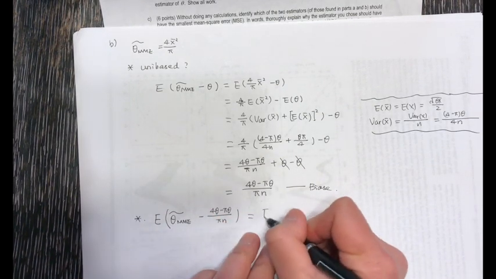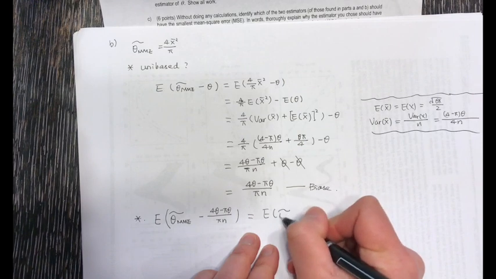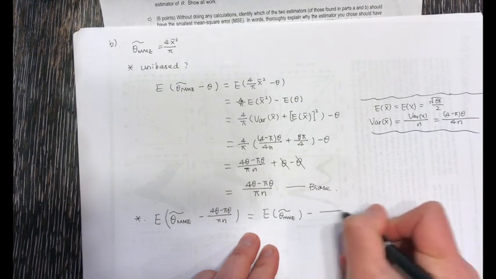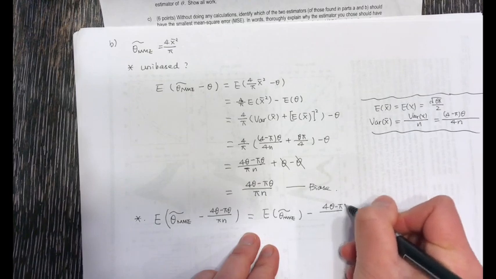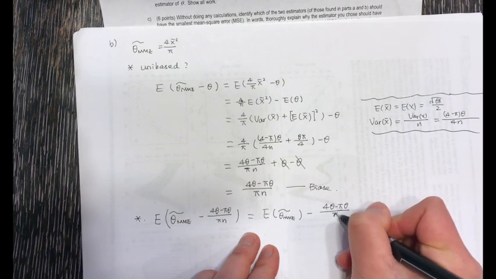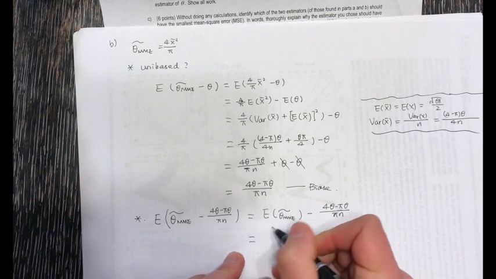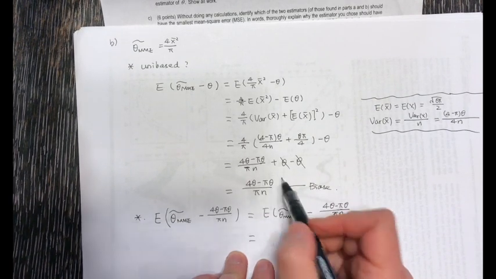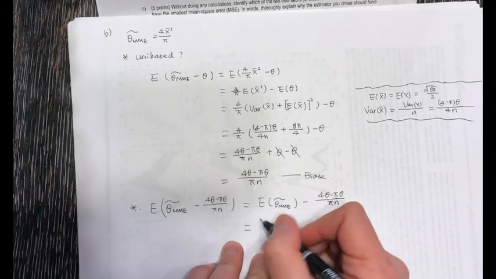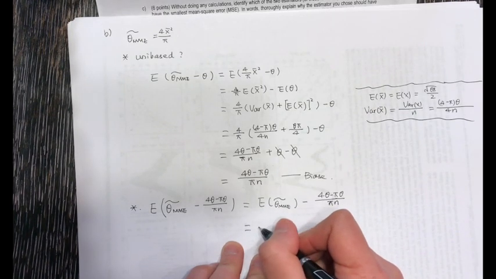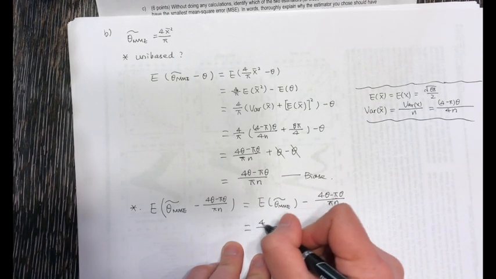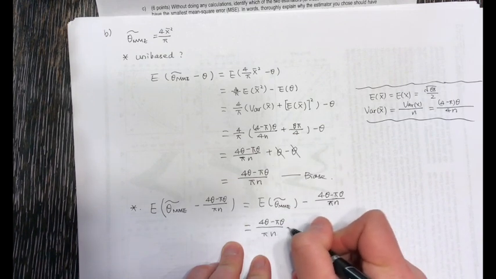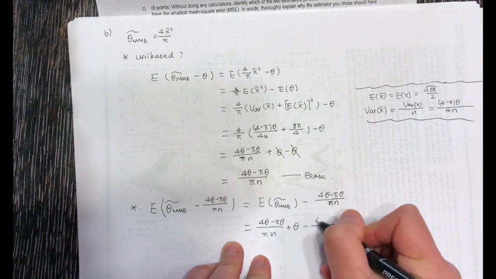The bias is a constant, so it will directly equal this. And according to the process above, we know the expectation of the MME will equal (4 theta minus pi theta) over pi n plus theta, minus this.